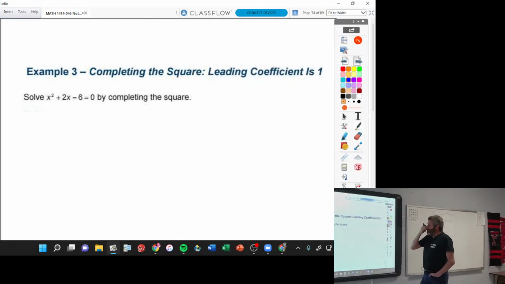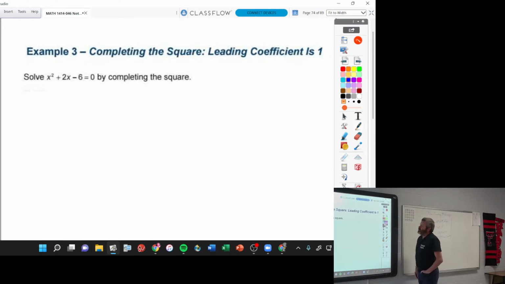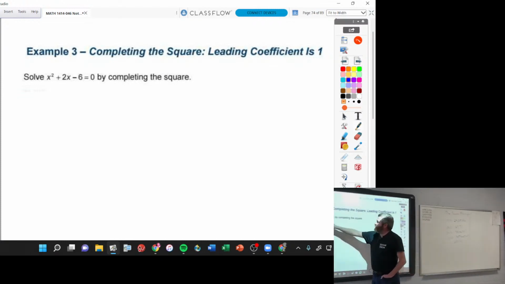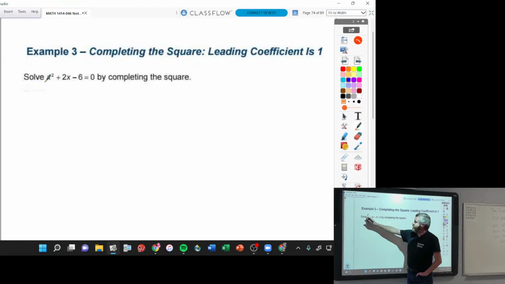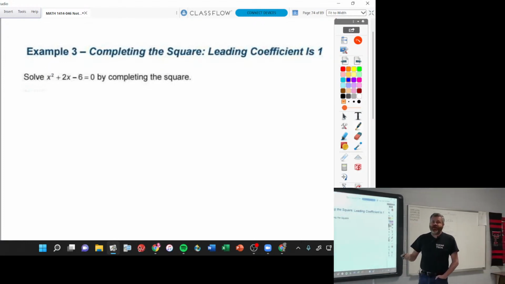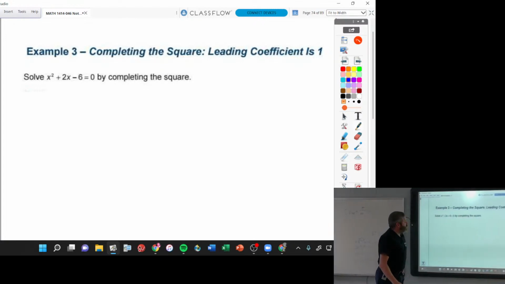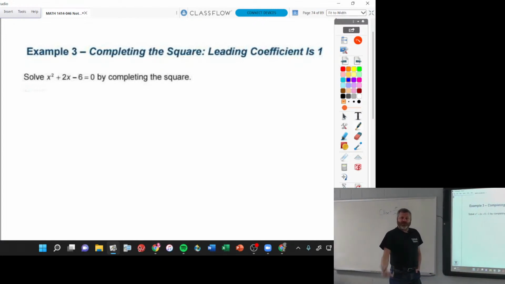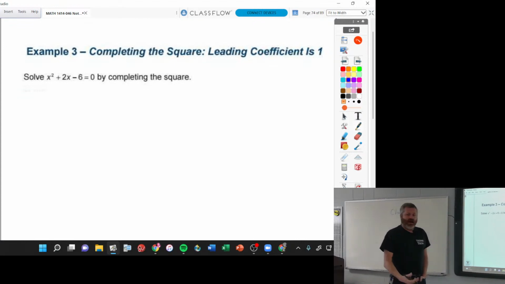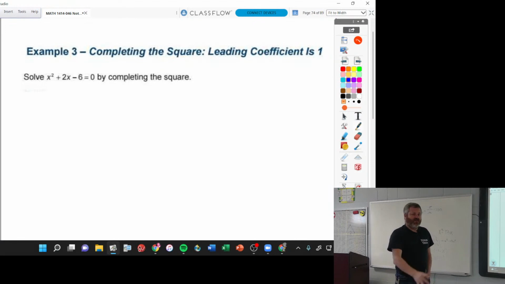We are going to solve that same problem we just did by completing the square. Okay? Notice the leading coefficient is 1. To complete the square, that leading coefficient, the number in front of x squared, has to be 1. If it's not a 1, you've got to make it a 1, and that gets even hairier. So to complete the square on this, and again, I'm going to work it in a method that I'm familiar and comfortable with. This particular text might work it a little different.